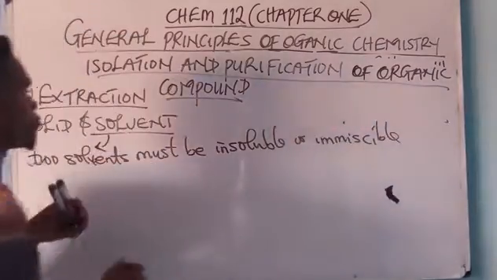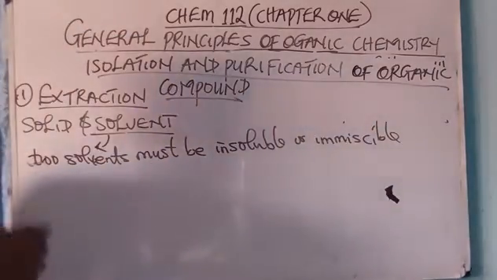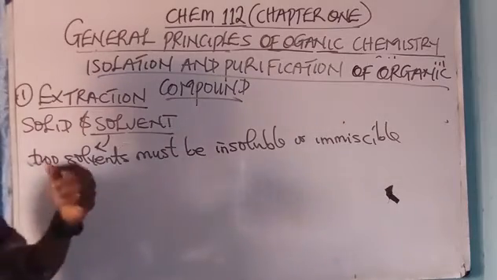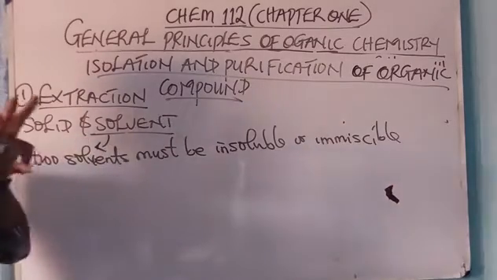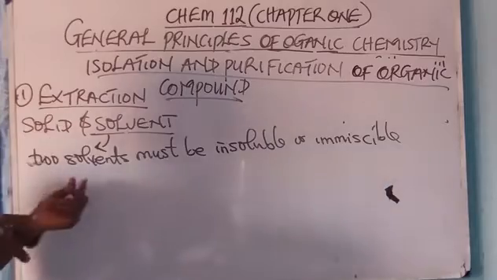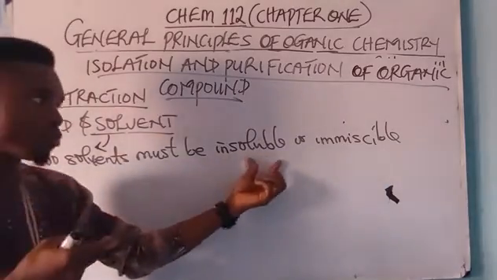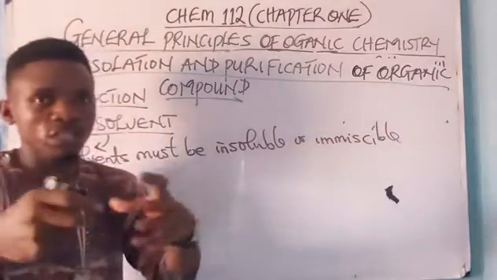That is the number one rule of solvent extraction: if a solvent must be used to extract a compound, the two solvents in question must be insoluble, or immiscible, on each other.